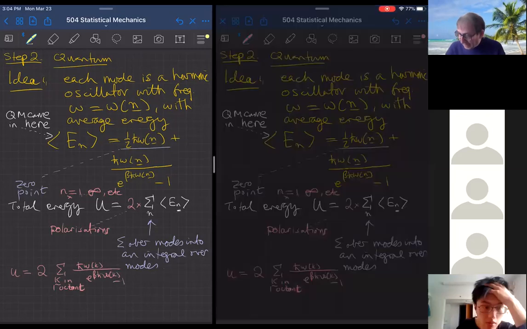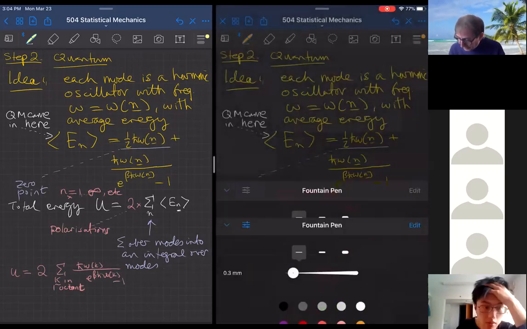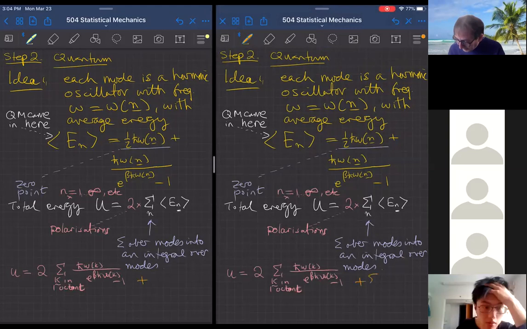And then I have the sum over the k's of h bar omega of k divided by 2. So this comes from the zero-point energy, and this is the excited parts.